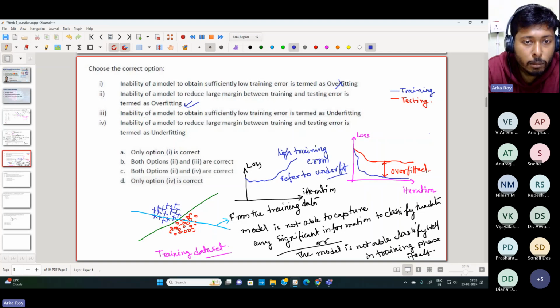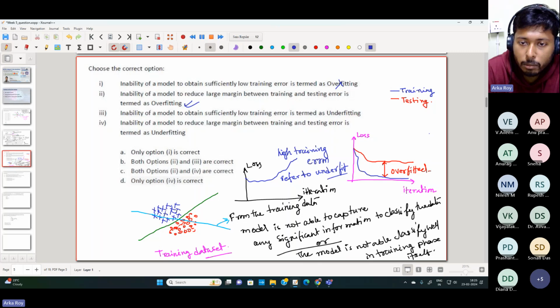Okay. Inability of a model to obtain sufficiently low training error is termed as underfitting. This is correct, because if the model is not able to reach sufficiently low training error, that means the model is getting a high training error in the training phase. So this process is underfitting, which is what we have shown in this particular graph.